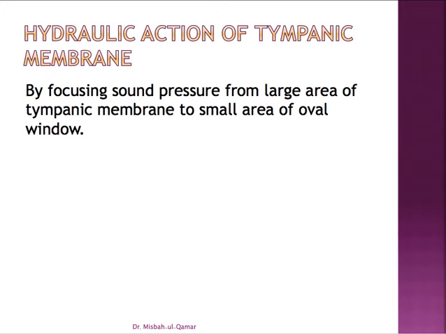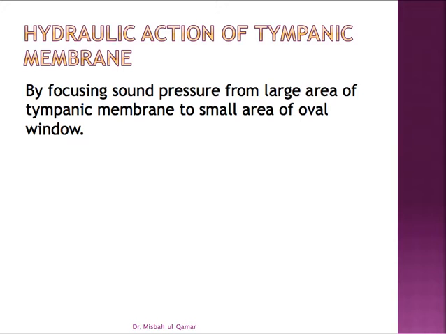In fact, the total effective area of the tympanic membrane is around 45 square millimeters, while the area of the footplate of the stapes is only around 3 to 3.2 square millimeters. So the average ratio becomes 21 to 1. Okay.